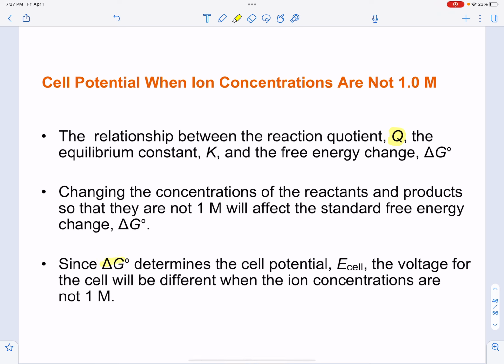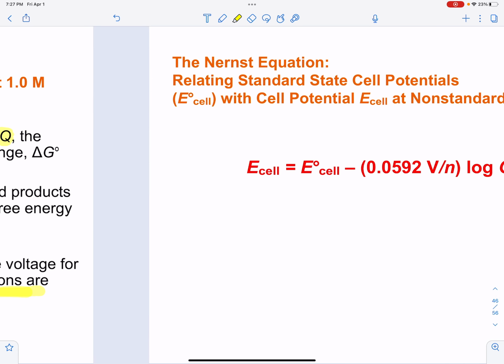So we know that delta G standard is based on 1 molar concentrations, which is also what you use for the standard cell potential. But if it's not standard, then it's because you're changing the concentrations.